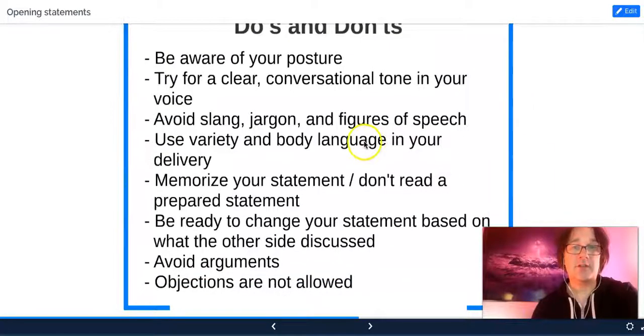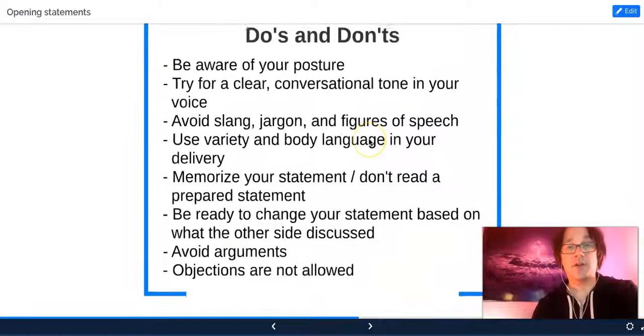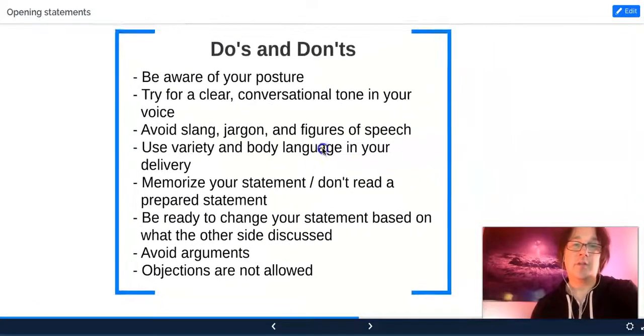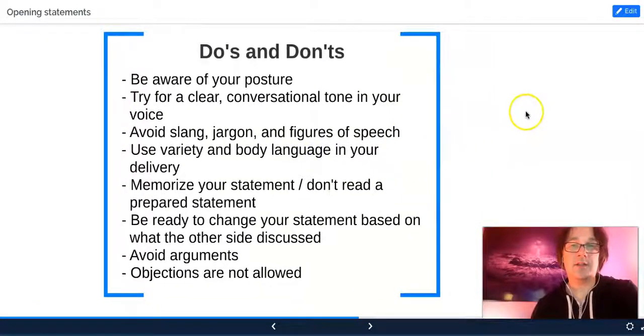Some do's and don'ts. Be aware of your posture. As attorneys, especially when you're speaking to the jury, you want to make sure that you're standing up straight or sitting up straight, and that you're not slouched over.